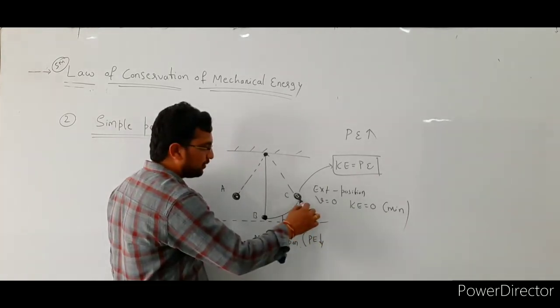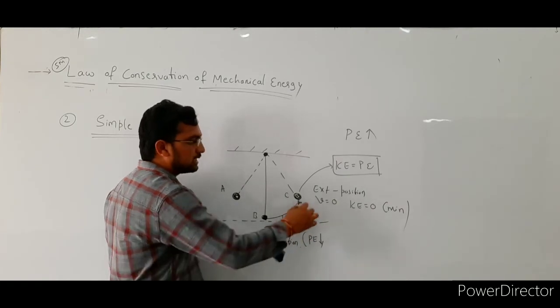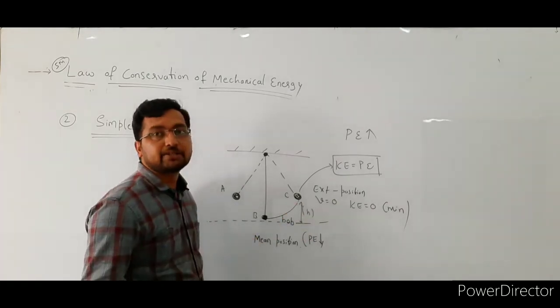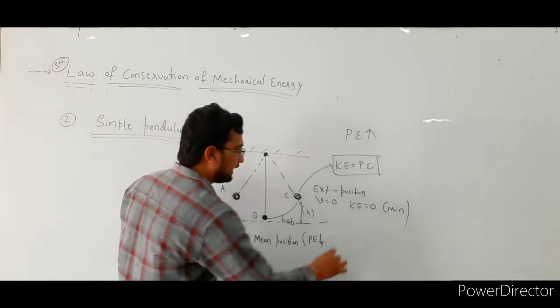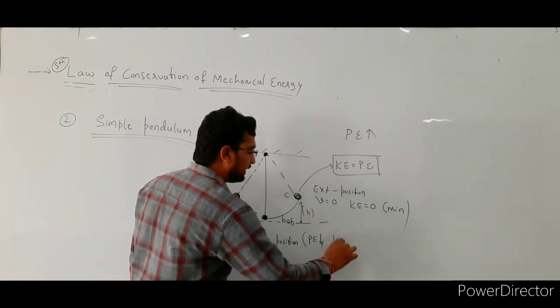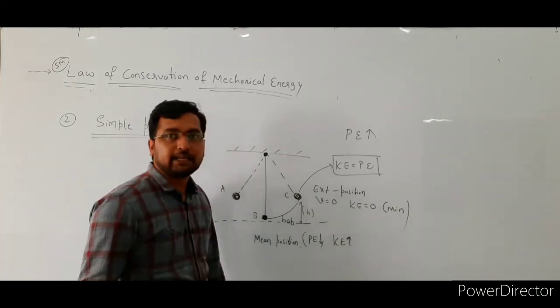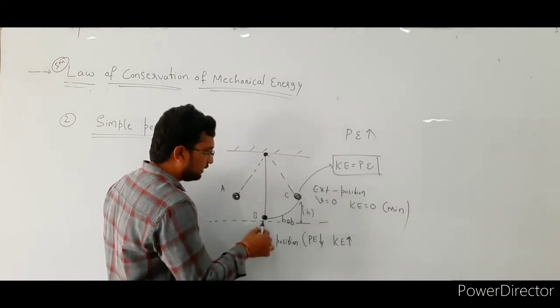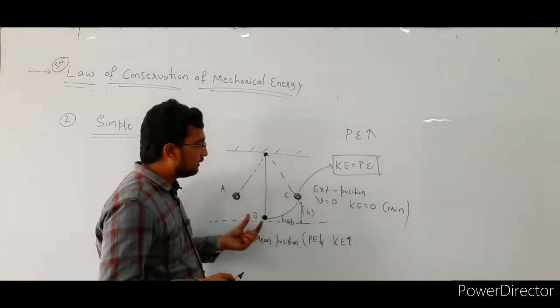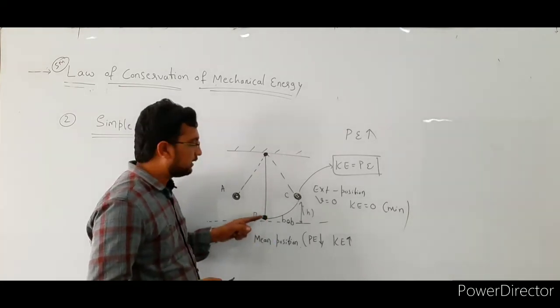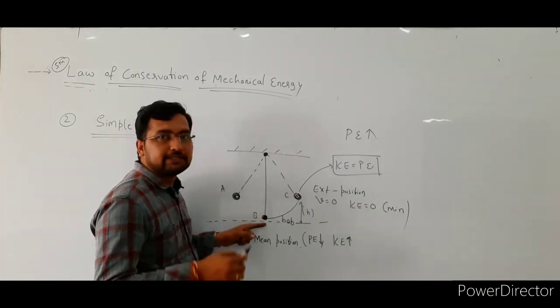But when the bob is moving from this point to this point, the speed of the bob increases, which means kinetic energy increases. At point B, or at mean position, the height of the bob from the surface is 0.